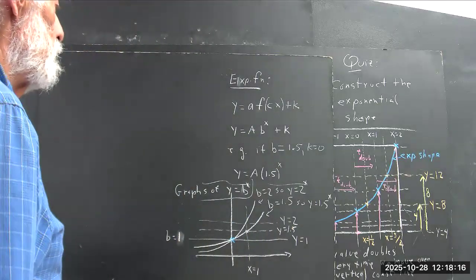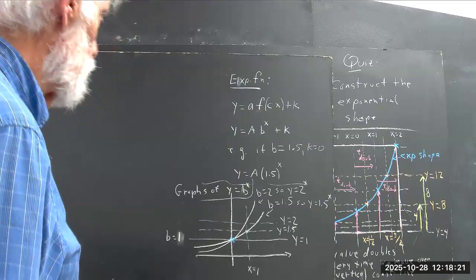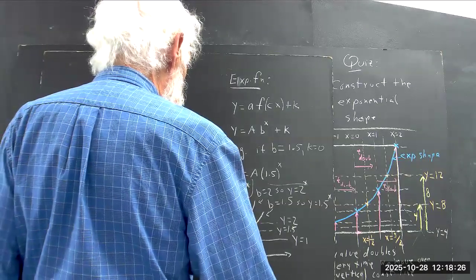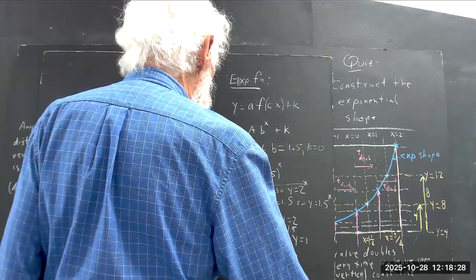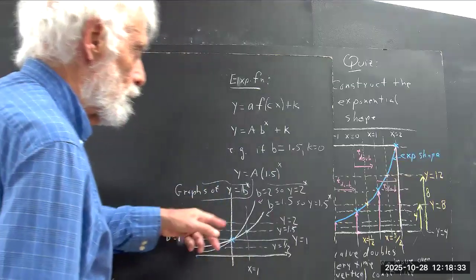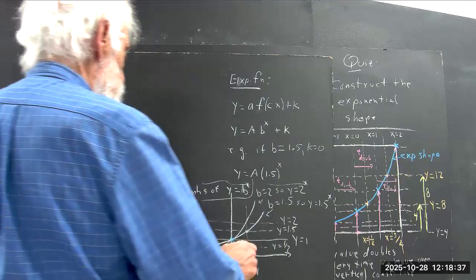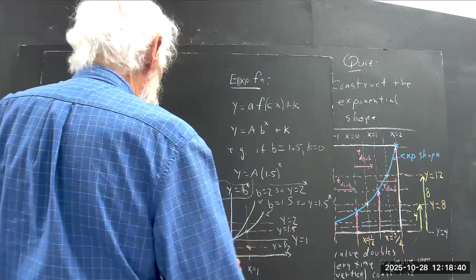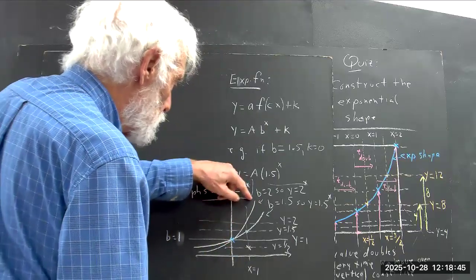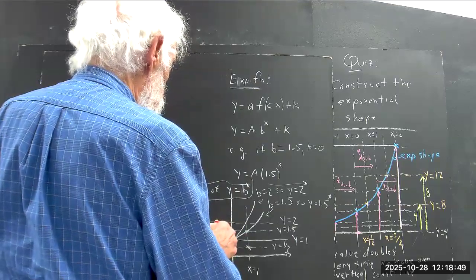We could also have the b equals 1/2 graph. That means when x is 1, 1/2 to the x would be just 1/2. So we go through this point and this point, and we have a graph that's a backward version of this graph. 1/2 to the -1 is 2.